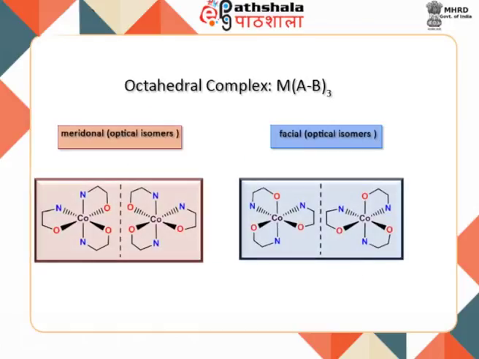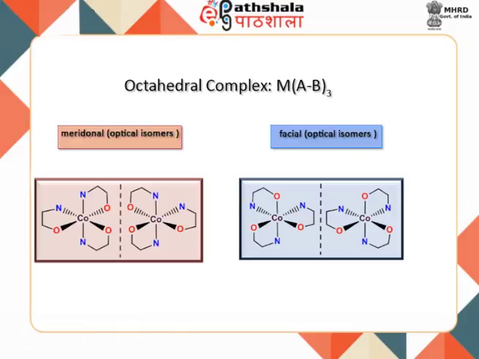Now let us come to the octahedral complex M(AB)3, where AB is a bidentate ligand. Any octahedral trischelate with an unsymmetrical bidentate ligand is chiral and will have optical isomers.